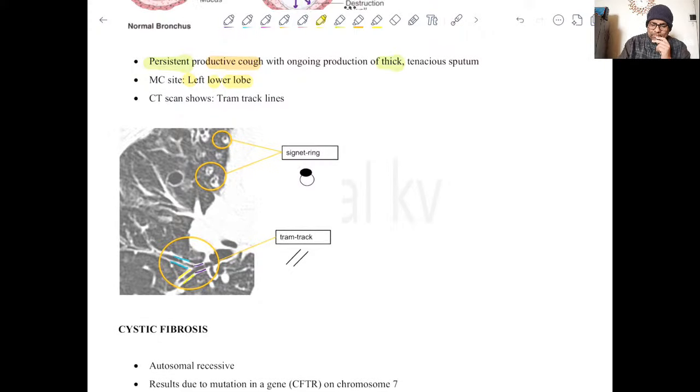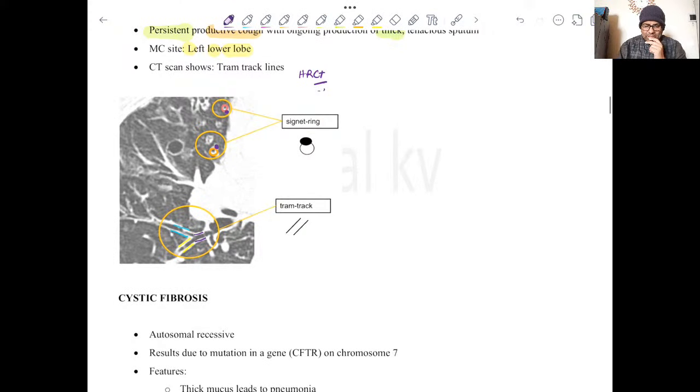And second is the signet ring appearance. So if you see here, you can have something like this. Clear? So this is the classical signet ring. So very easy to identify. The moment you find these 2 findings, especially on high resolution CT scan, it has to be a case of bronchiectasis. Clear?